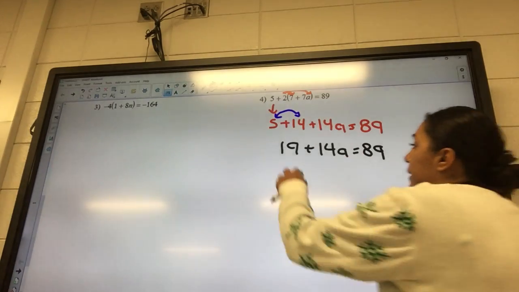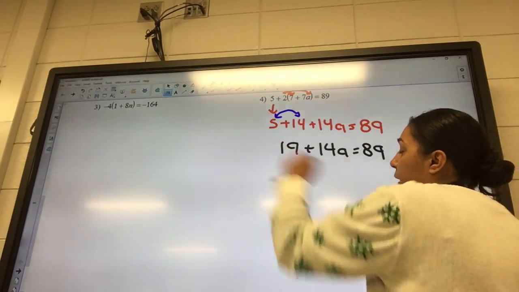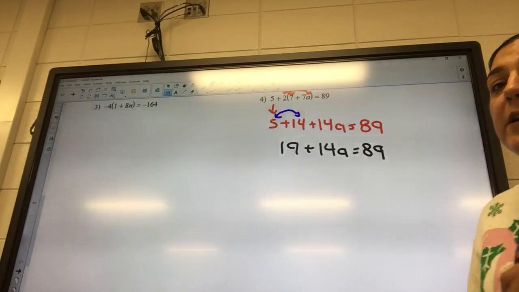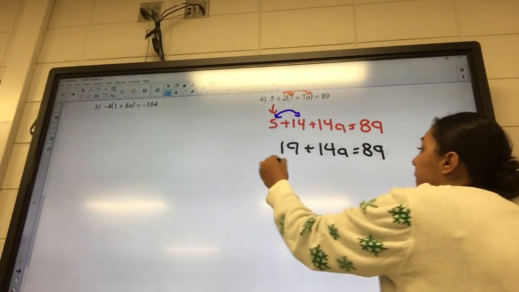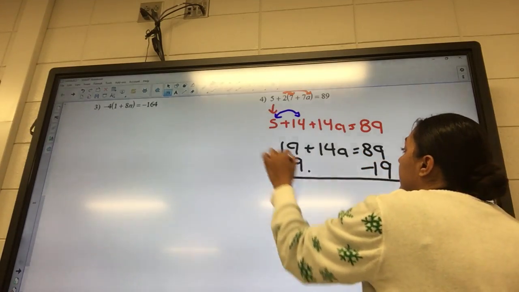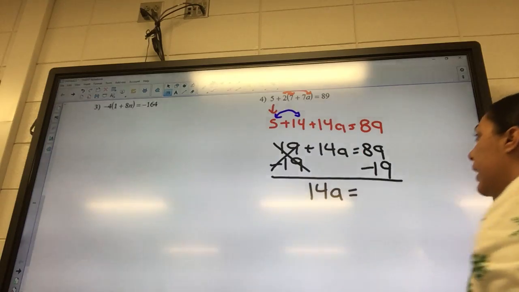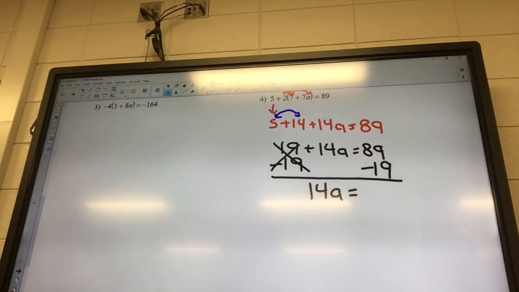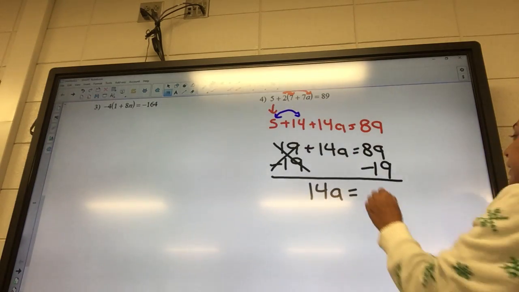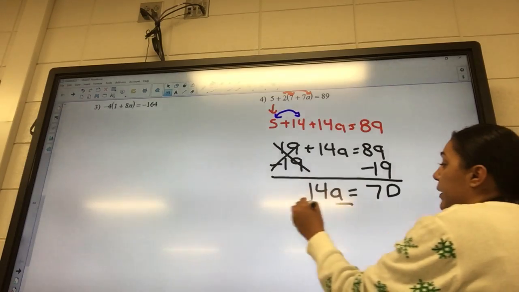This 19 has no sign, so we know that there's an imaginary plus sign in front of it, so we're going to say minus 19 from both sides. So I have 14a equals 89 minus 19, which is going to be 70. And then our last step, as always, is going to be to divide.